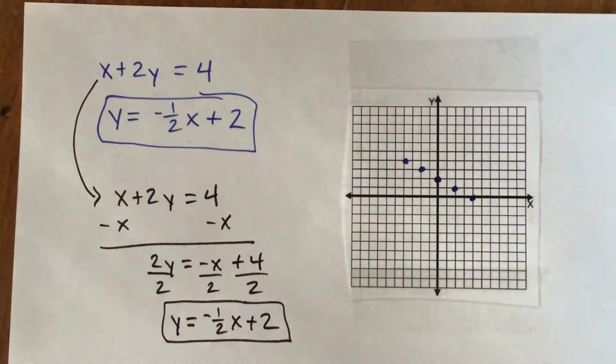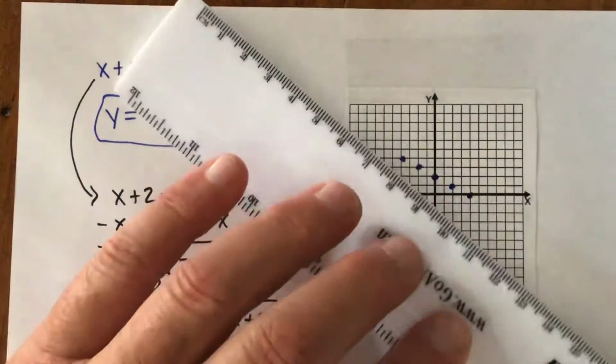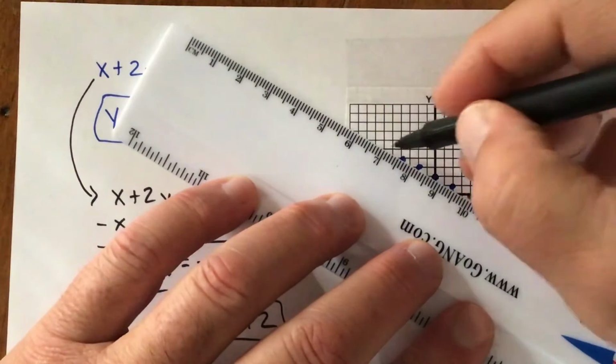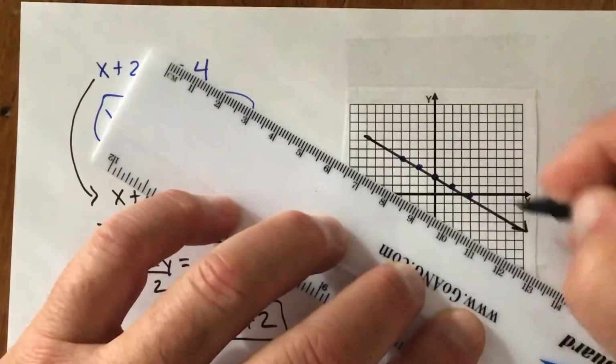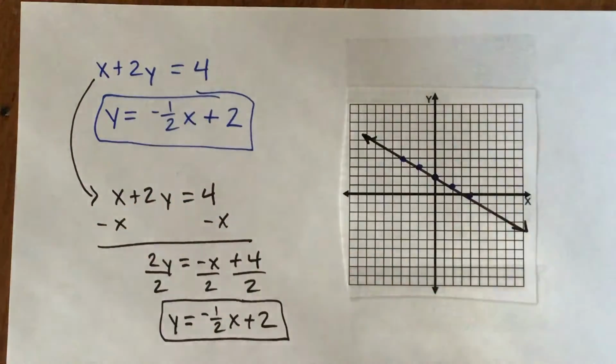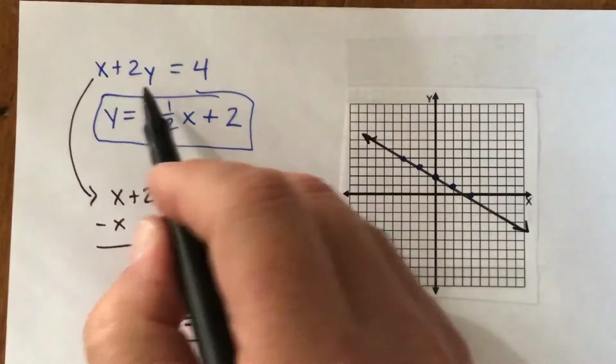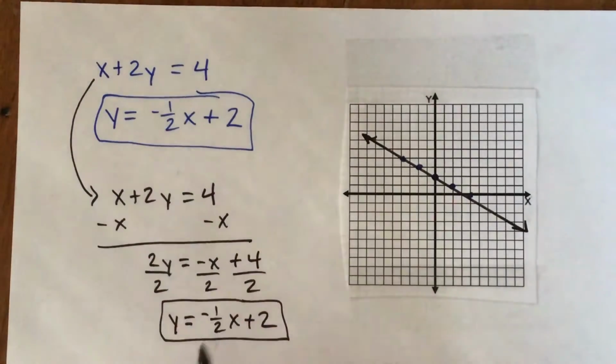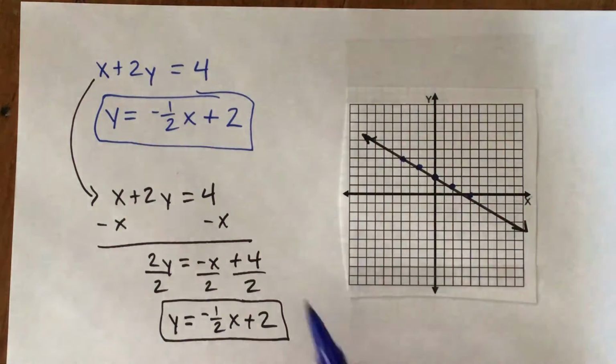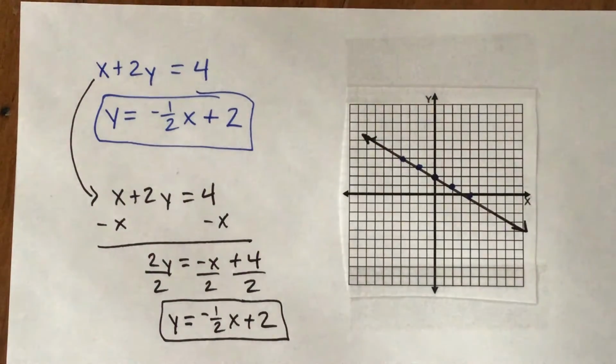So what happens here, our solution set is going to end up being all real numbers, because any x and any y will make this true. So what we would say is infinitely many solutions, because they're the same line.